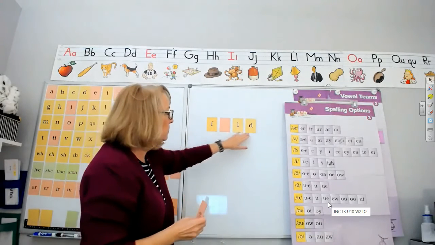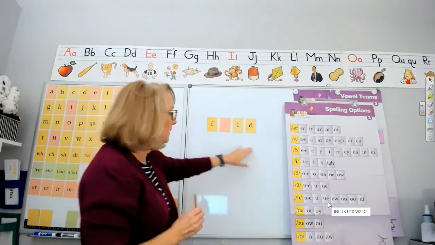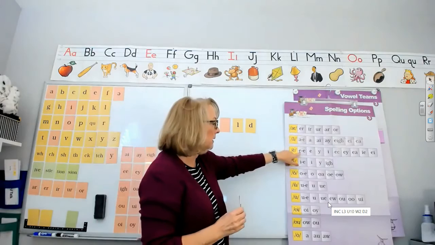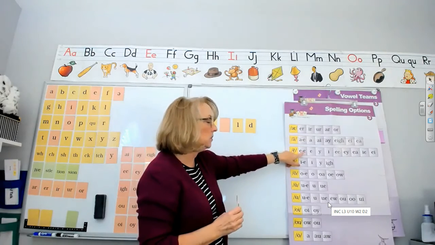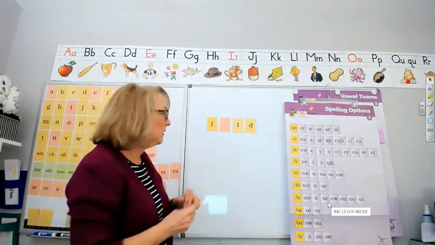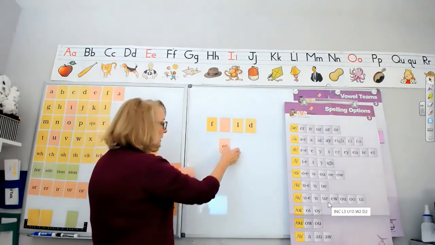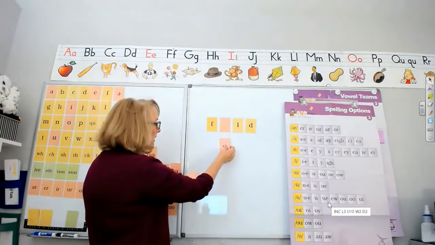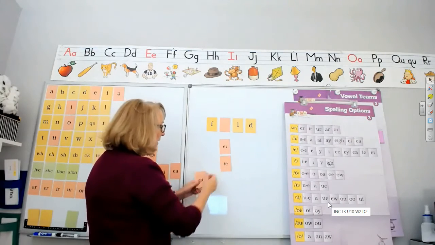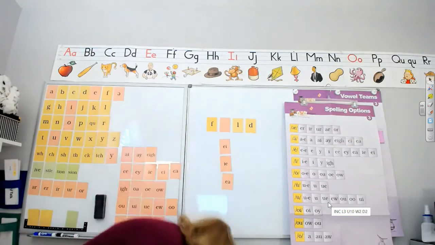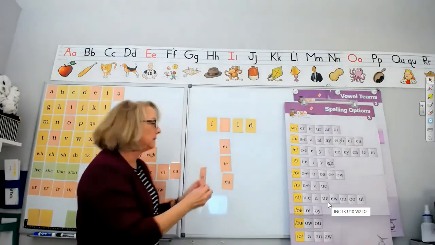Now, because we have two consonants right after this vowel, we can't go with vowel consonant E because you can only have one consonant. So we could try E-E. Whoops. We could try E-I, I-E, E-A, and E-E.